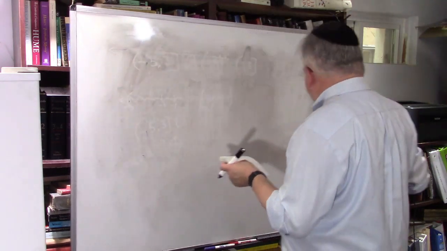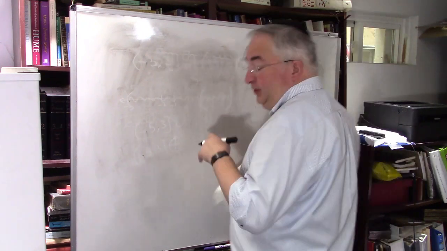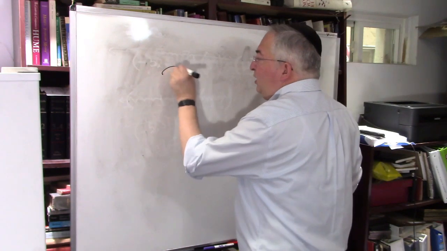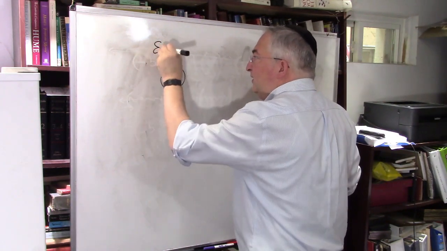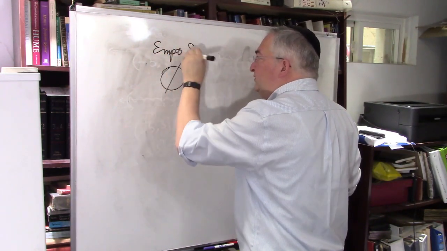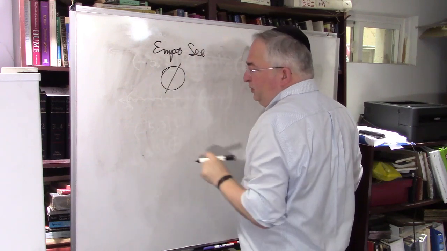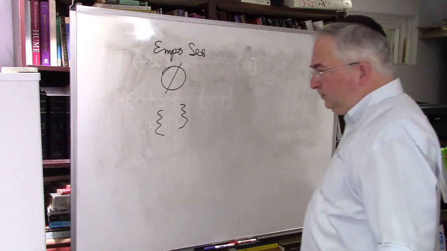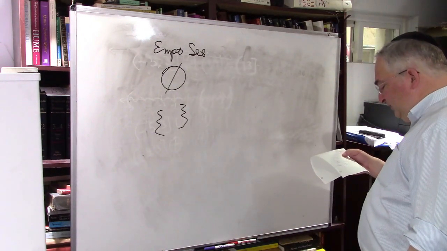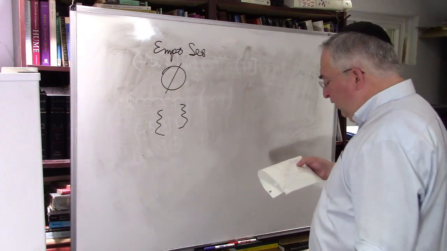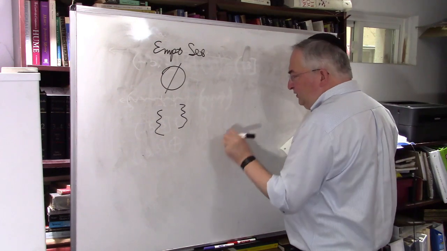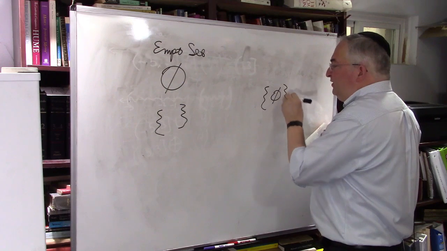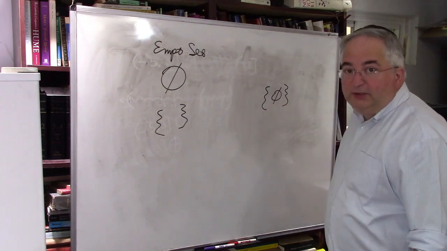Okay, great. The section is called some special sets. There's a special set called the empty set, and we denote it like that. We can also denote it like that. Another set is called the set that contains the empty set.